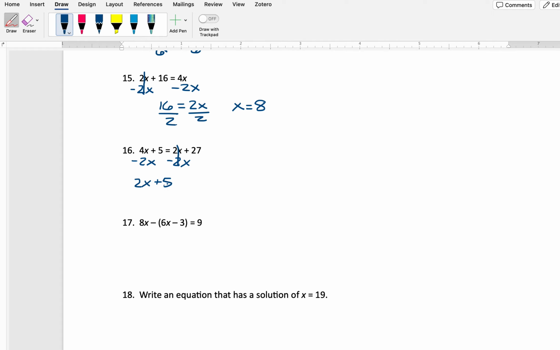So I have 2x plus 5 equals 27. Now I want to get rid of the 5 by subtracting it. Because it's added, I do the opposite. That gives me 2x equals 22. And then finally, divide both sides by 2. 2 times what is 22? That thing has to be 11.